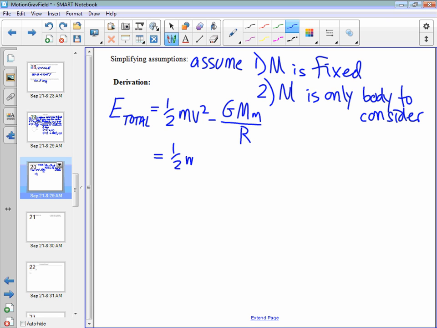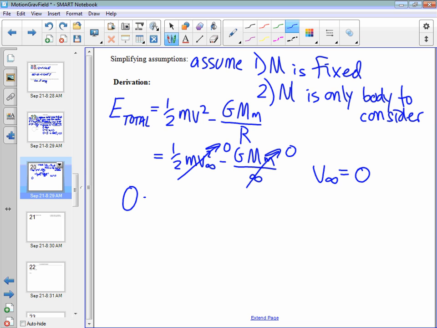So when we set this equal to that, it's equal to 1/2 m v infinity squared minus GMm over r as r goes to infinity, so we know that's going to be equal to 0. And we define that U at infinity is also equal to 0, so this whole term is equal to 0. So the total energy is equal to 0.